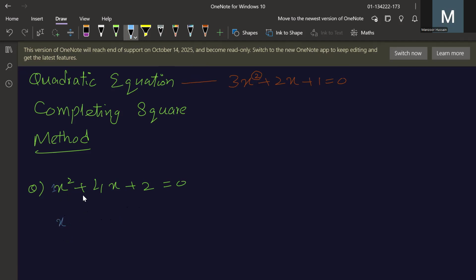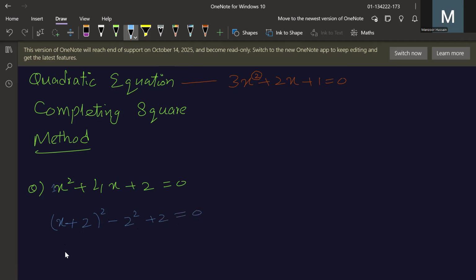Write x, then put the sign of the middle term, which is plus, and half the number which is in front of x. So half would be 2, and place the square. After that, you have to write minus and square the half one, which is 2 squared, plus 2, we will write as it is.